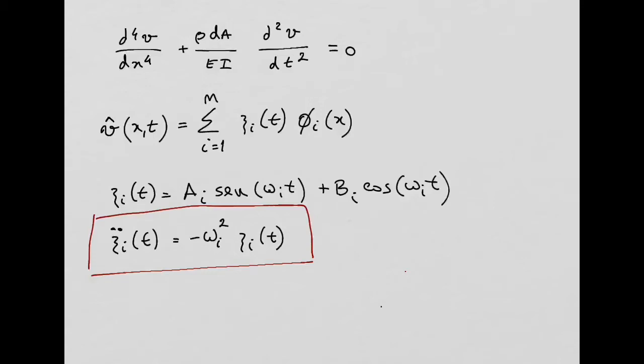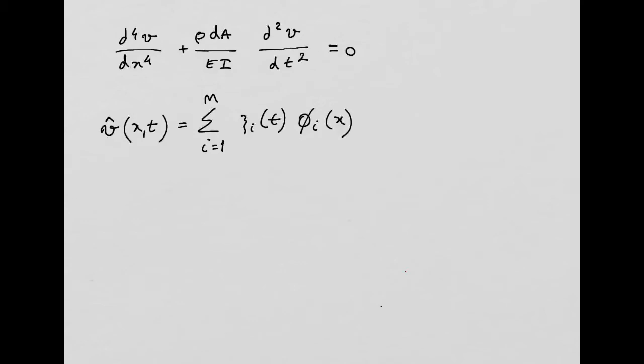So once we have the approximation function, we have to build our residual, Rn. This subscript n means it depends on the number of terms I consider in this summation. Okay?